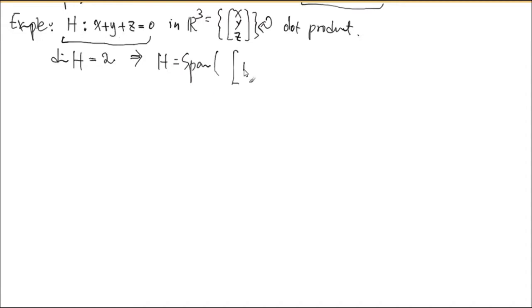Y is one free variable, and x is 1 and -1. Does that make sense? x plus y plus 0. If z is a free variable, then it is 1, 0, -1. So if you do echelon form, you will get here. This is the very silly echelon form here. These are 2 vectors. I'm going to call that one v1, and that one v2.